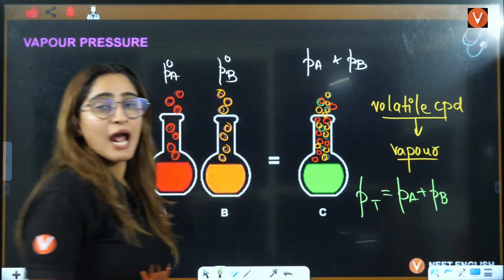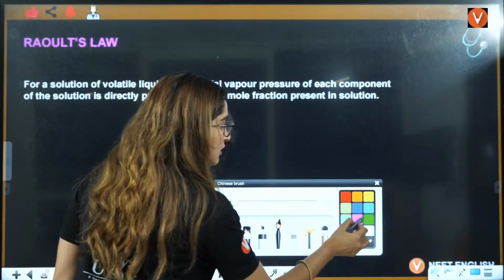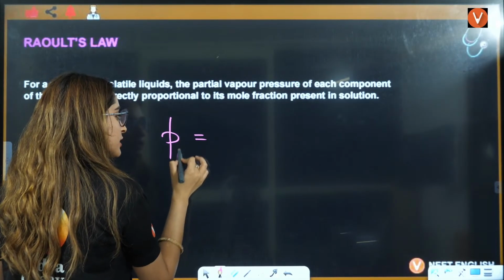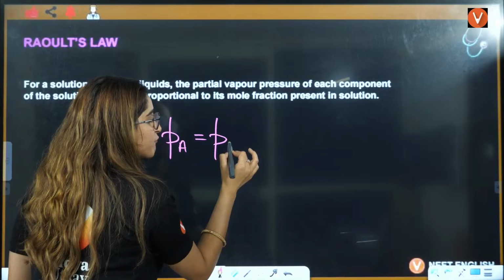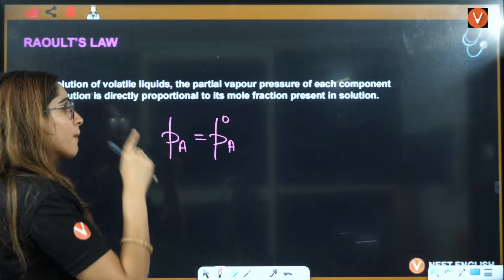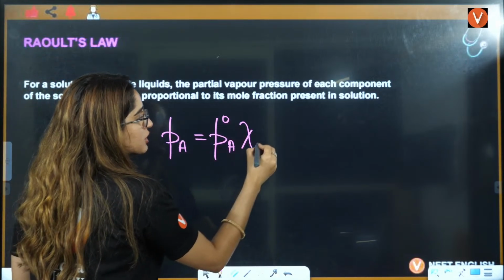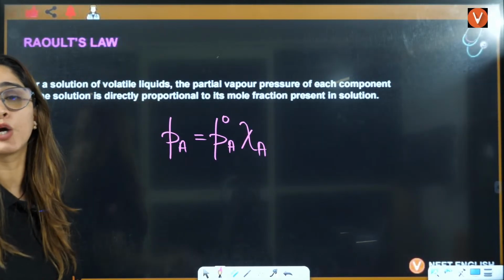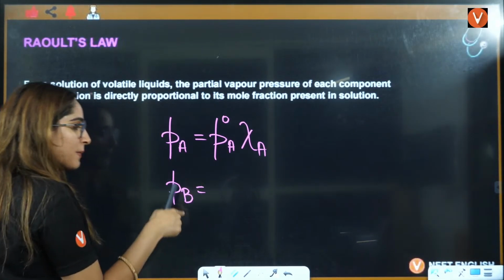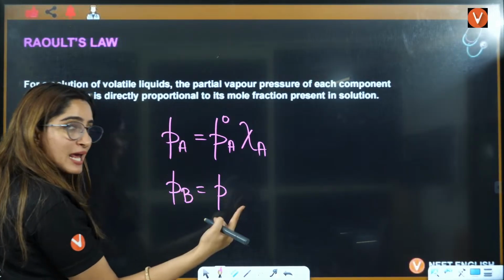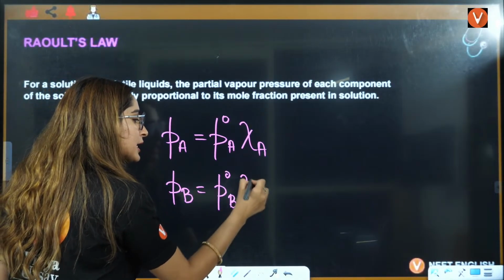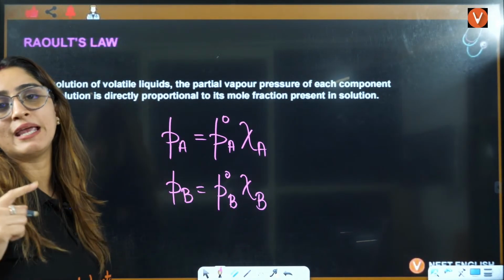And Raoult's law told that the partial pressure of any liquid in a mixture, let's say A, is equal to the vapor pressure of that liquid A in the pure state multiplied by the mole fraction of that liquid in the liquid phase. That means the partial pressure of B in the mixture is equal to the vapor pressure of pure liquid B multiplied by the mole fraction of B in the liquid state.